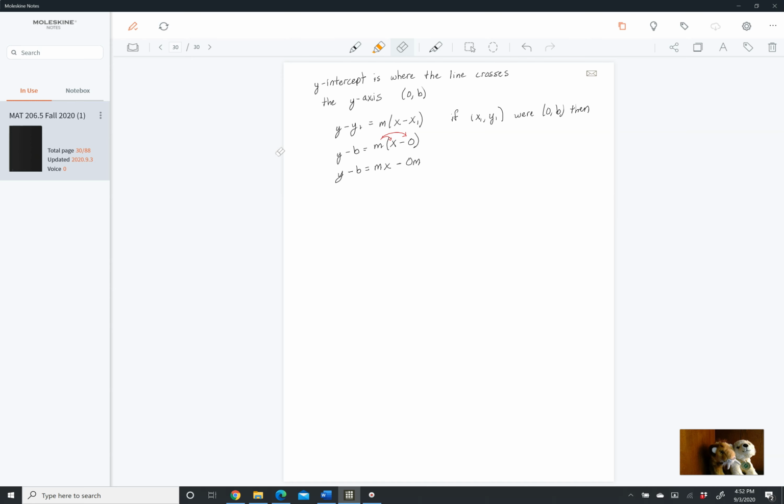But 0m is just 0. Okay, well then our last thing that we can do is add b to both sides. And if we do that, then we get y equals mx plus b. And this is our slope-intercept form.